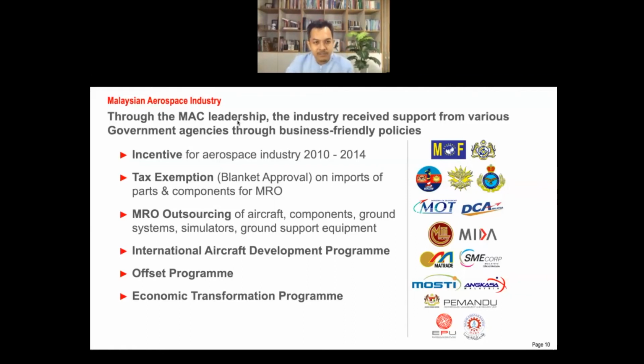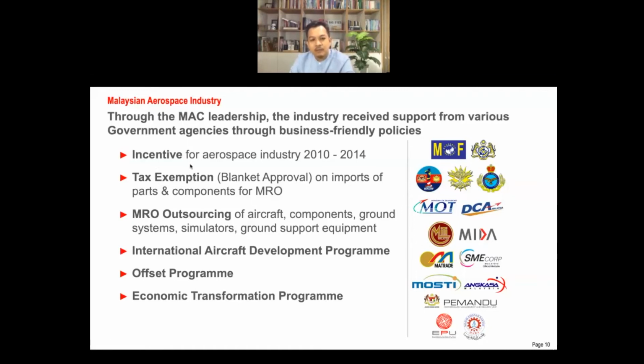So what are the things that have been implemented? For example, incentives for the aerospace industry. For example, when a foreign investor like Safran or Spirit AeroSystems wants to invest in Malaysia, having their factory in Malaysia, the government of Malaysia provides what we call a special incentive for foreign investment as well as domestic investment.